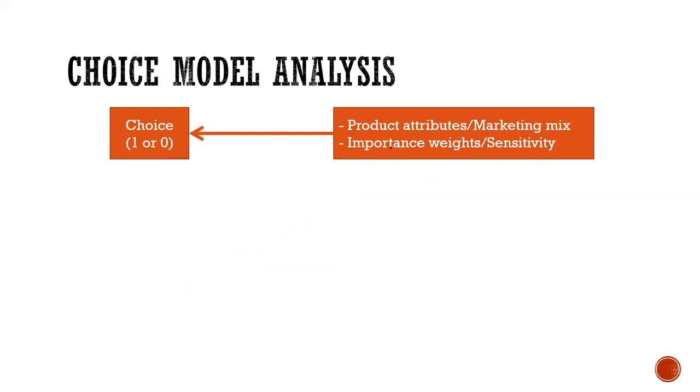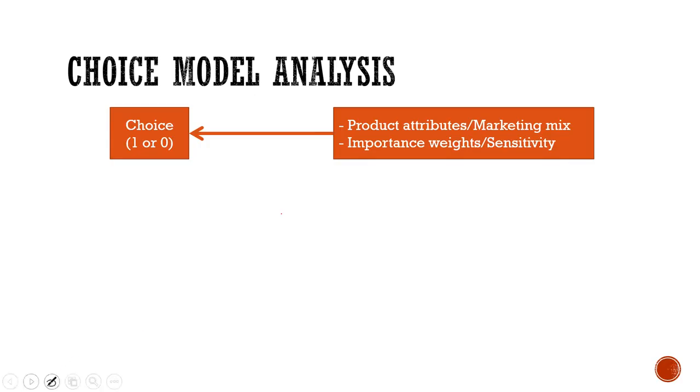On the right-hand side are the product attributes. Again, they may be dummy coded. There may be marketing mix variables such as the price of the products. Similar to conjoint, we have to calculate the part-worths or the importance weights for those attributes. But how do we calculate them, because our dependent variable now is 1 or 0? It is not continuous like rankings.